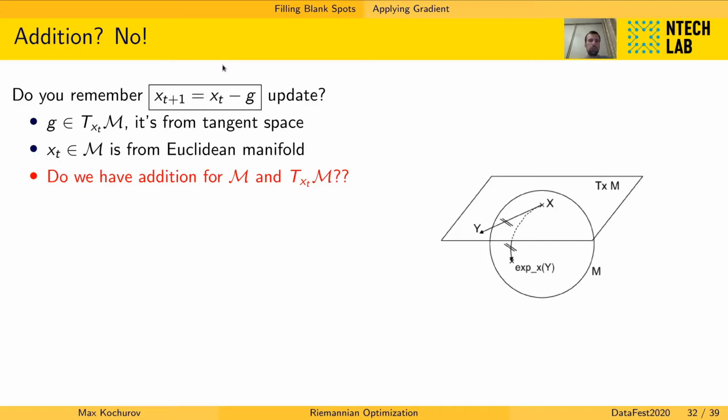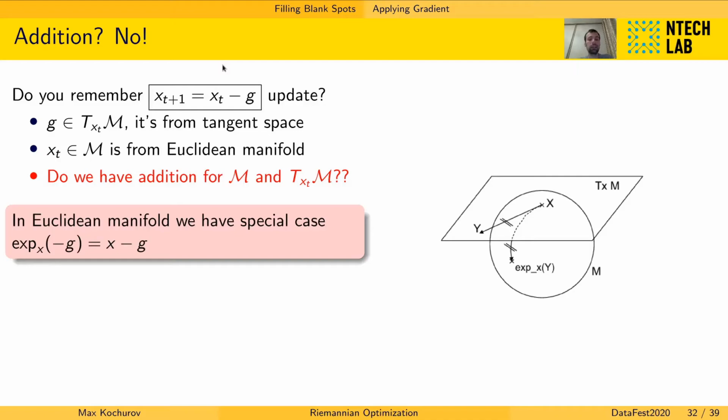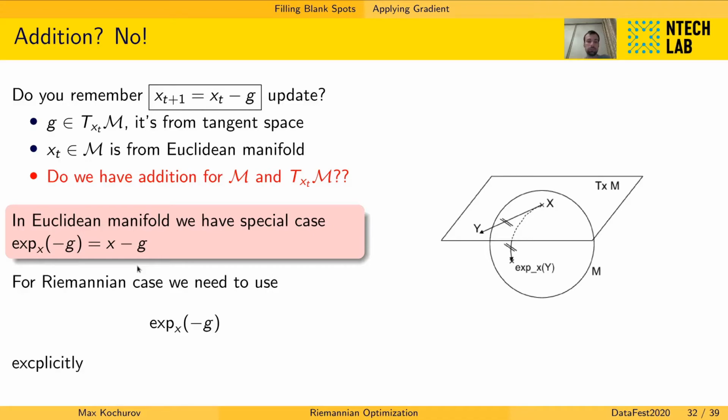But how do we compute addition or subtraction between two objects that belong to different spaces? It's only the Euclidean space that helps us to mix and forget about this math. And this is the special case of Euclidean manifold where the exponential map from x towards direction minus g gives us the subtraction. That's what we use to forget about Riemannian geometry in standard Euclidean optimization.